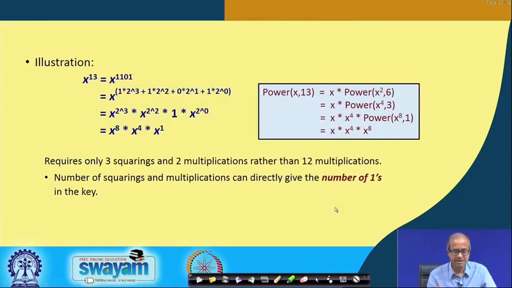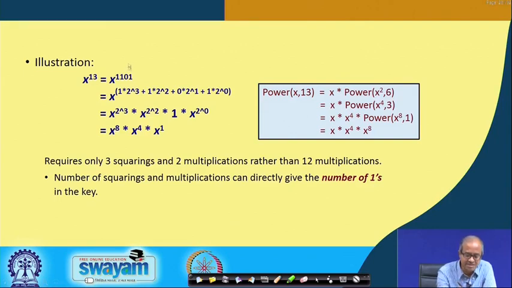Okay. Let us work out a simple example. x to the power 13, 13 in binary is 1101. Okay. You see, each of these will indicate the different powers of x. This least significant bit means x to the power 1, this 0 will be x to the power 2, this 1 is x to the power 4, this 1 is x to the power 8.